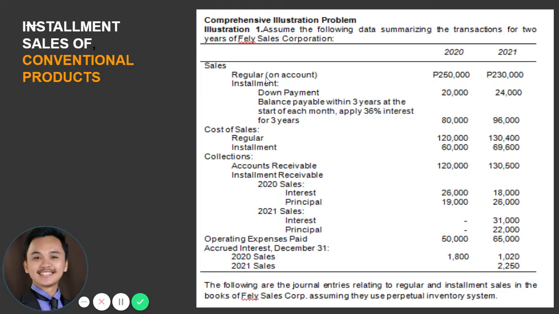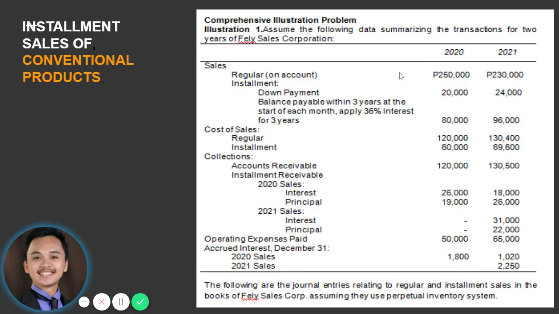Now, we have sales for regular account and for our installment sales. So meaning we have two types of sales. Feli Sales Corporation allows sales on account, meaning short-term credit, and it also allows installment sales.